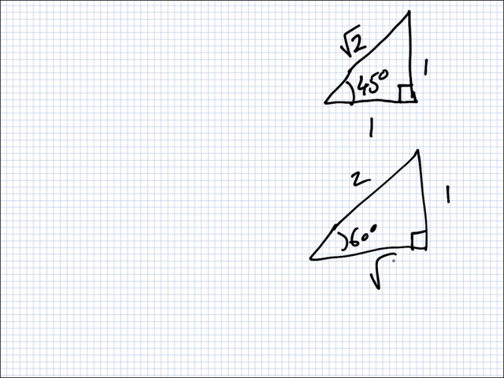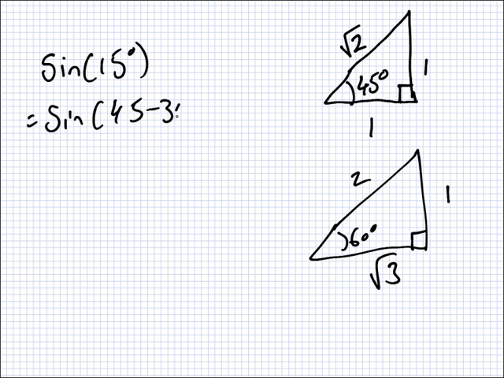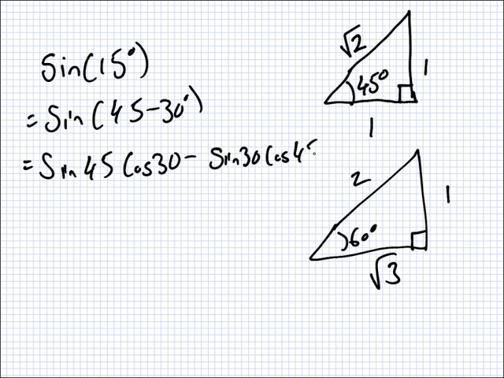Right. So let's say I want to calculate sine 15 degrees. It's 45 minus 30, isn't it? Sine 45 cos 30 minus sine 30 cos 45.